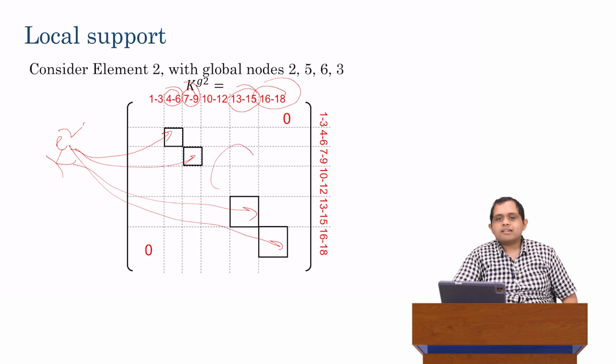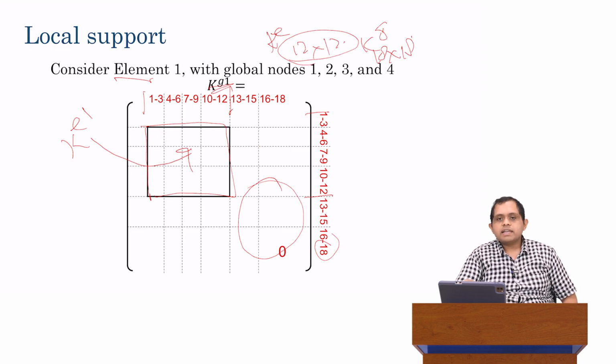All of these other values around this are 0. So in KG1, we had one local area where all our element 1 information was present, and the degrees of freedom in element 2 don't have any connection with degrees of freedom in element 1, and therefore the rest of this global stiffness matrix was just 0.